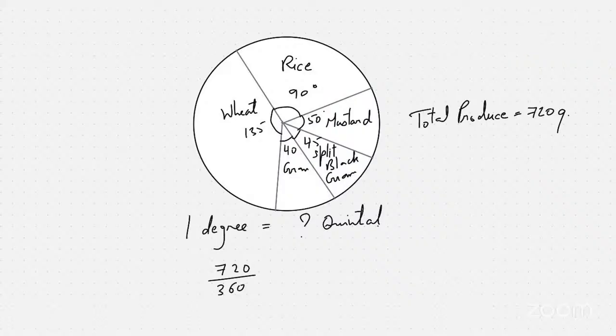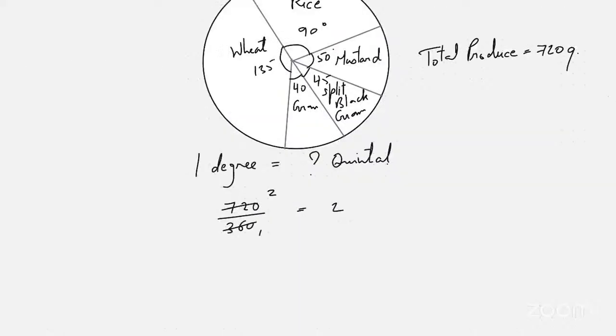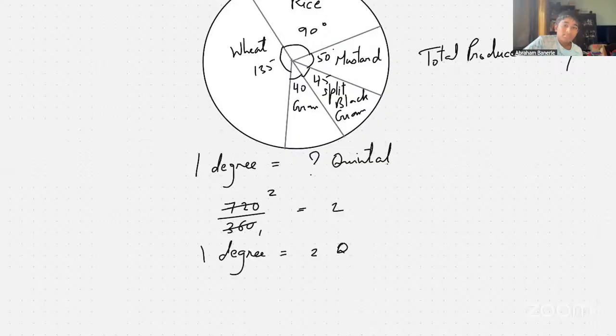That we have to find. So first, 1 degree, how many quintal? Divide quintal by degree, so we get 2. 1 degree is equal to 2 quintals.